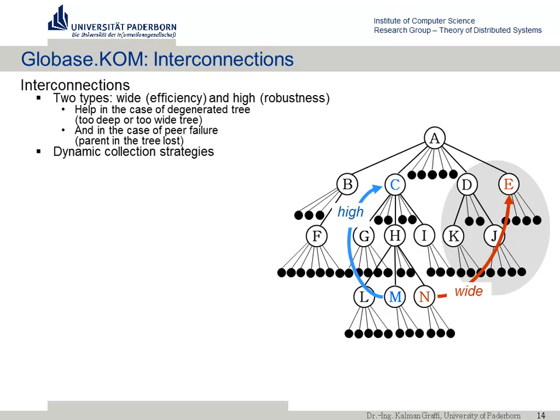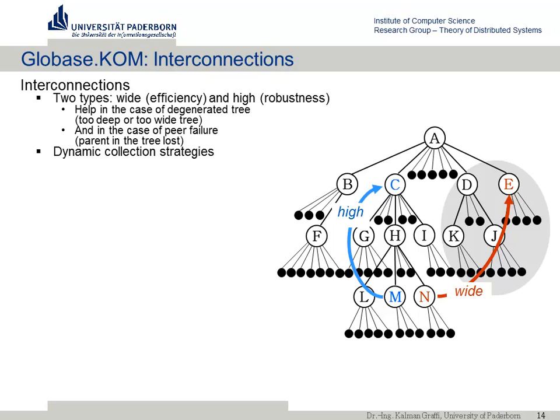So that's why you introduce these high interconnections. That means that you also establish connections to your grandfather nodes and further ancestors, so that you are not lost. Once your father is lost, then you can still contact some higher ranging nodes and ask for your current responsible node.